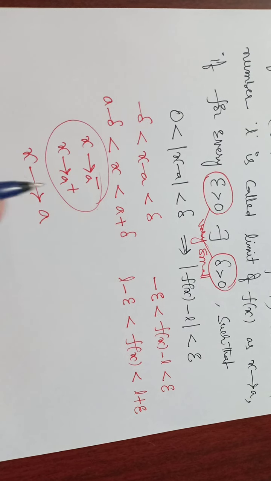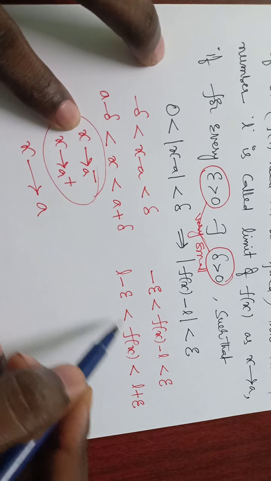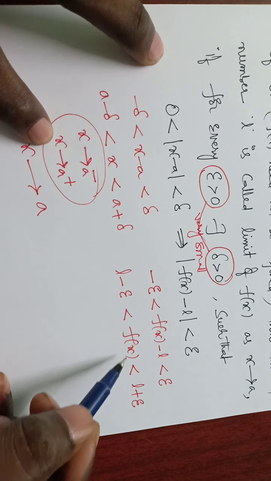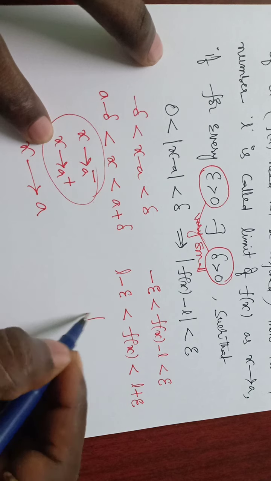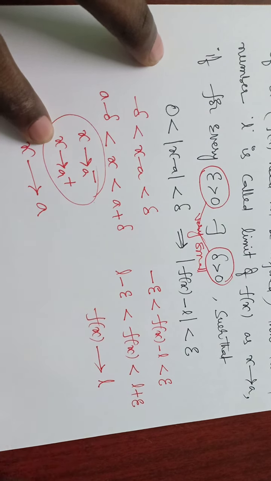Which means that as x approaches a from the left side, f of x approaches L from the left side, and as x approaches a from the right side, f of x approaches L from the right side. So clearly, f of x approaches L.